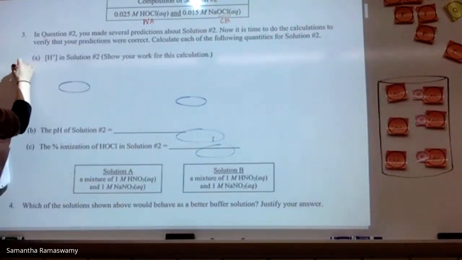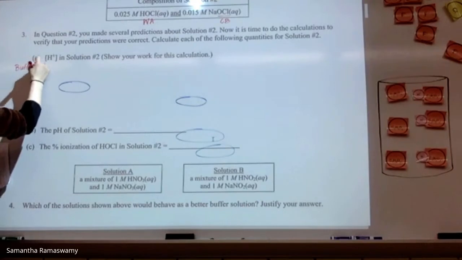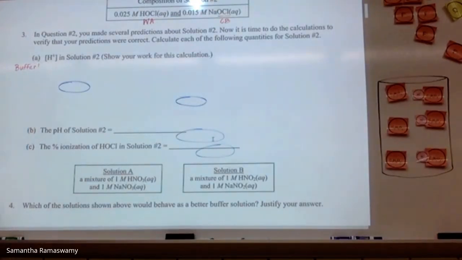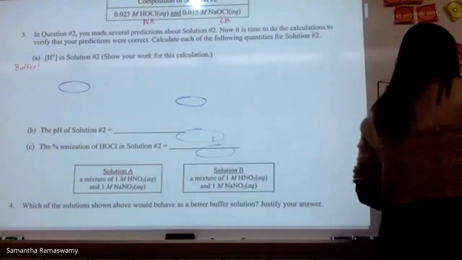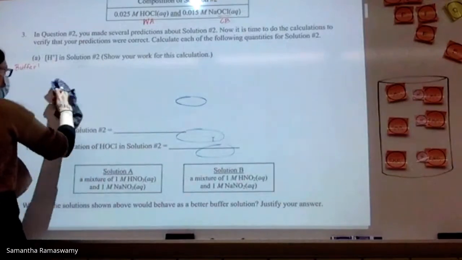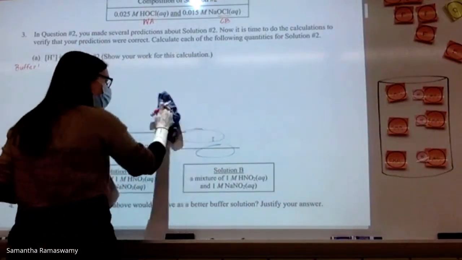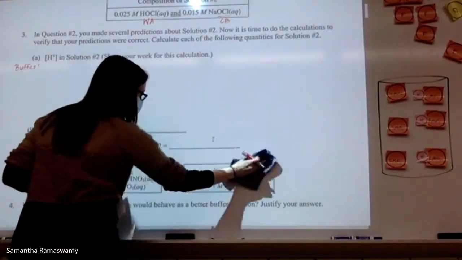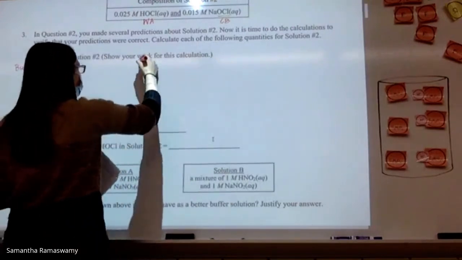If you recognize that it's a buffer, you can use the buffer equation. If you don't recognize it right away, that's okay. Here's the other way that you could solve. You could solve using the common ion. The way that you pick is up to you.